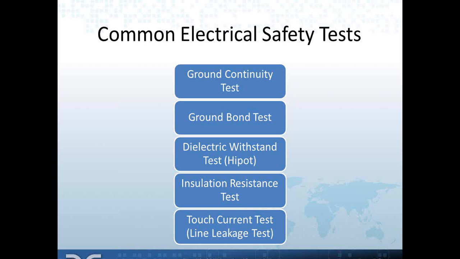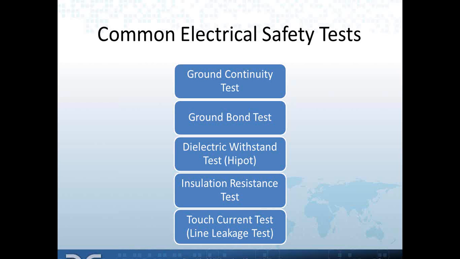And for that very reason, performing the electrical safety tests that we're going to be covering today will verify and ensure that a device or product being tested has a proper safety ground and proper and strong enough insulation to bear any leakage currents or faults.